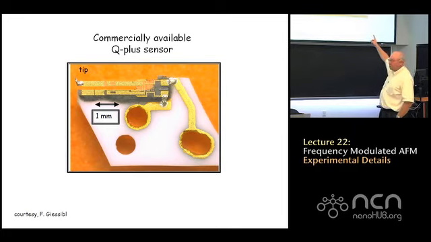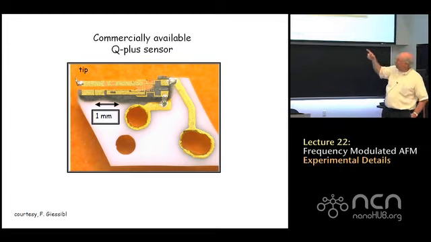It's basically your quartz tuning fork with electrodes plated on it in the appropriate way to cause this motion of the tuning fork tines. There's a sharp tip mounted on the end of the tuning fork, and this then mounts into the head of an AFM in such a way that the tip is pointing down towards a substrate, right?